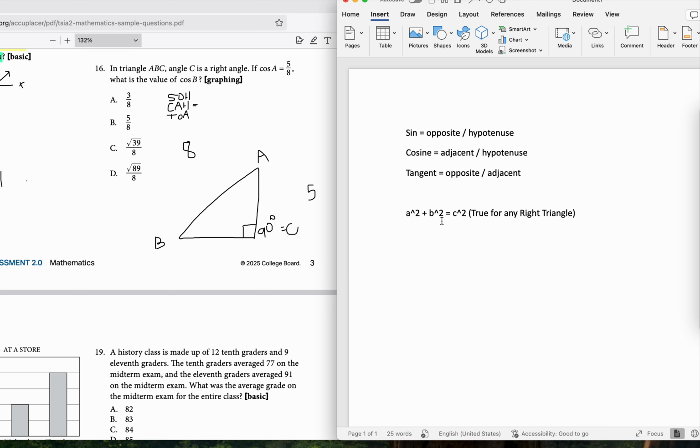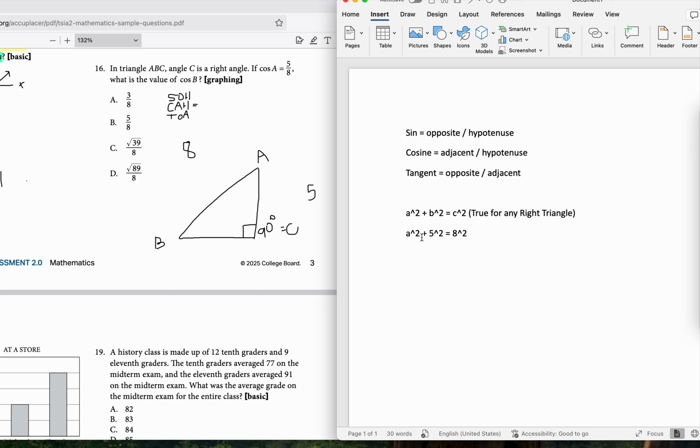So a squared plus b squared equals c squared means that the lengths of these two sides squared will always equal the hypotenuse squared. We don't know what a equals, but we know b is 5, and we know c is 8.